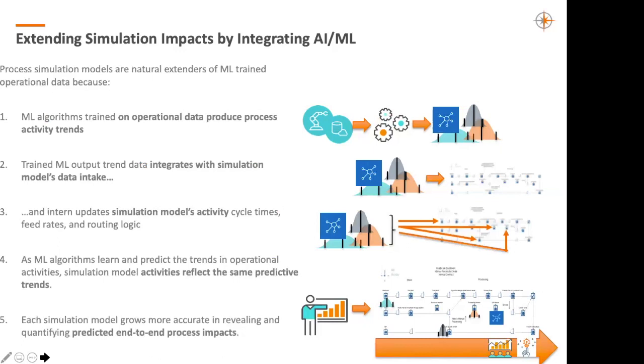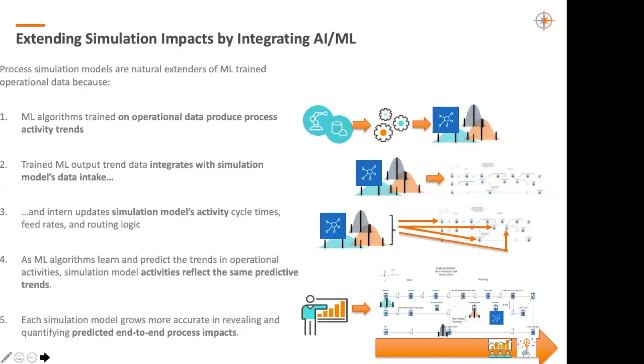So if you integrate those AI trends into the back end of a process simulation model, you can actually take those individual activity trends and plug them into the same activities that you saw in the previous simulation models that Luke showed. What that does is it makes your simulation model come alive, so to speak.